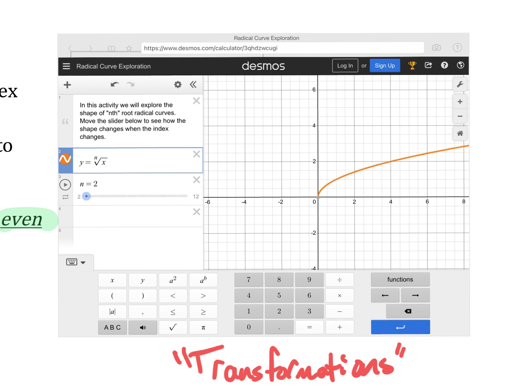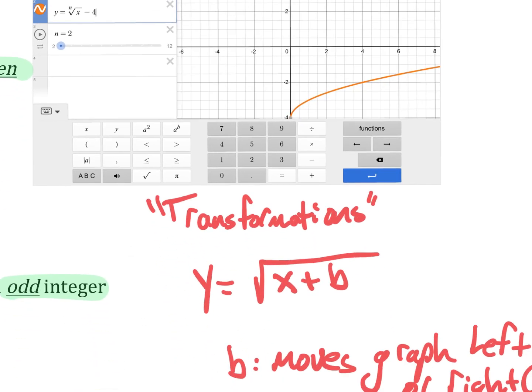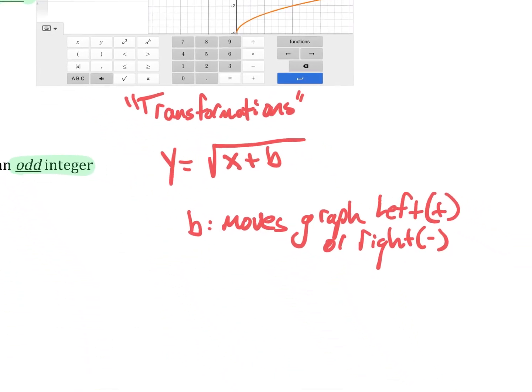What happens if we do minus 1? Now notice the shape is not changing. Minus 2, minus 3, minus 4. Shape is not changing, but the graph is moving. Okay, so it's going down 4, right? So if we have a plus c, the c is going to move the graph up and down.